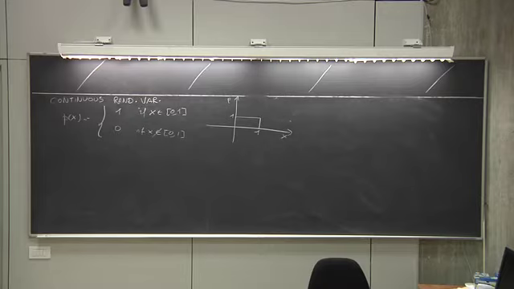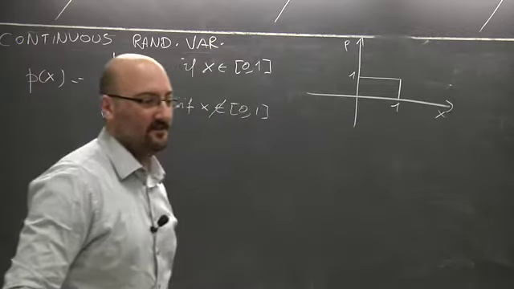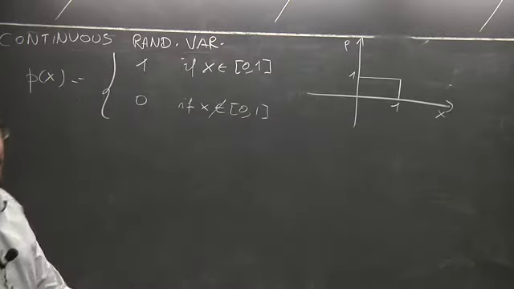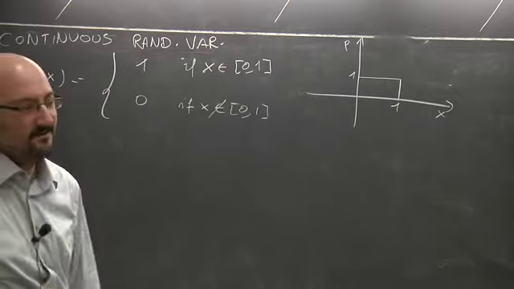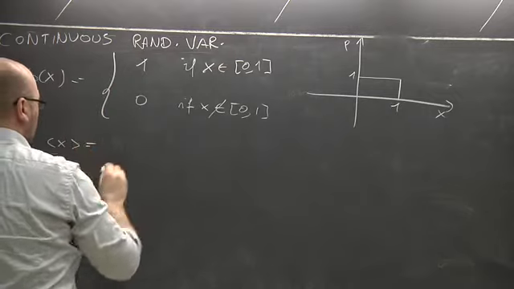First of all, what's the average of x? No, it cannot be 1. Yes, it's a half. It cannot be the largest value. The average is never the largest value, unless the function is completely peaked on the largest value. So the average of x is 1/2.